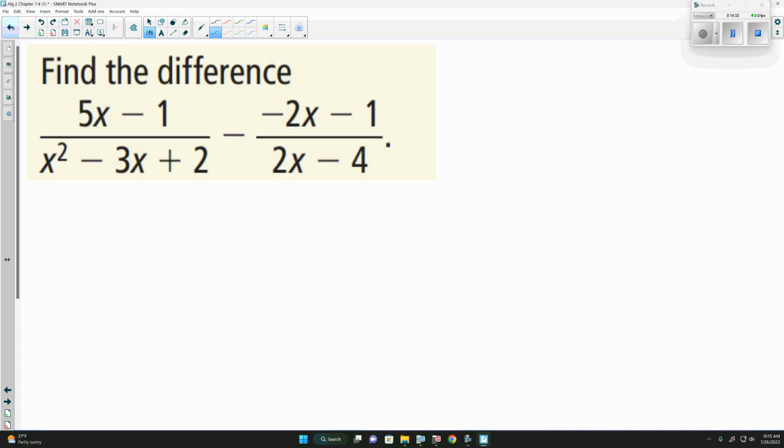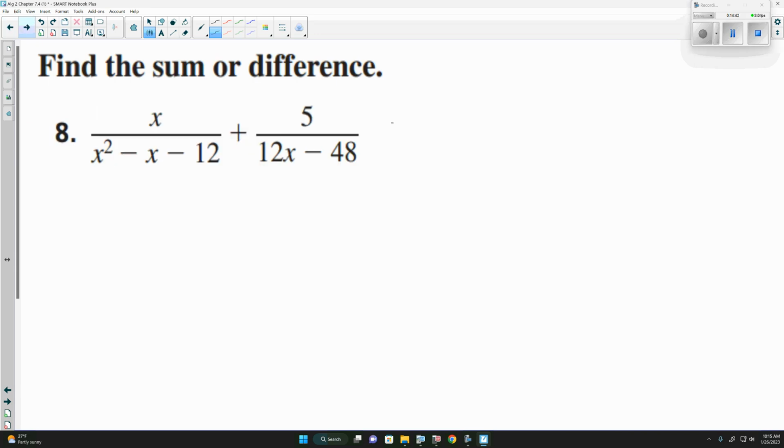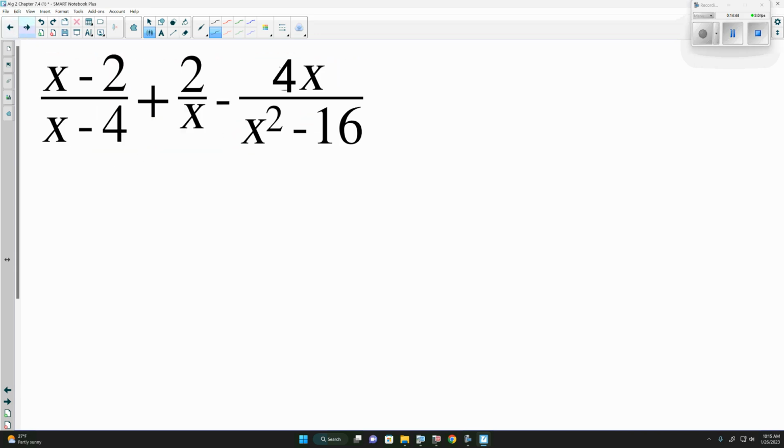Do we want to see another example of one of these here? Let's look at 14. I want to look at this one here.